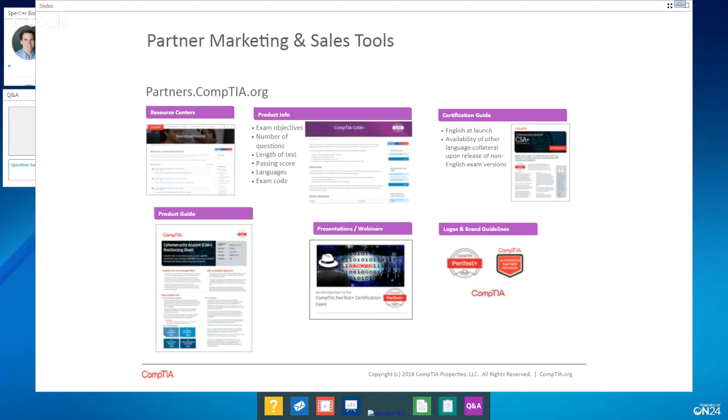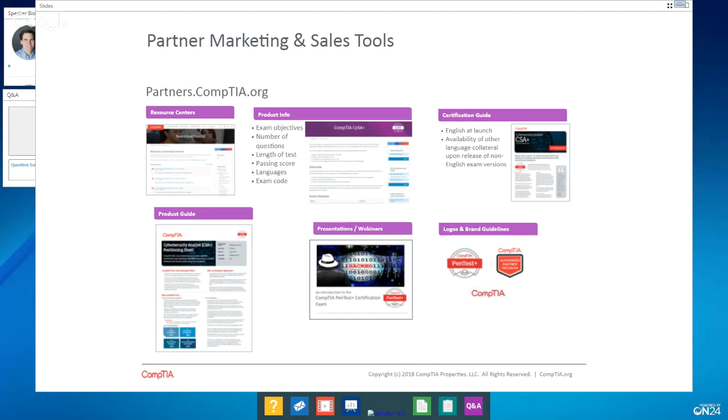Okay, thank you, Patrick. On the partner website, we have a number of resources. Because this is such a new certification, over the next few weeks and into months, you'll be able to find all of the PenTest resources that you need.